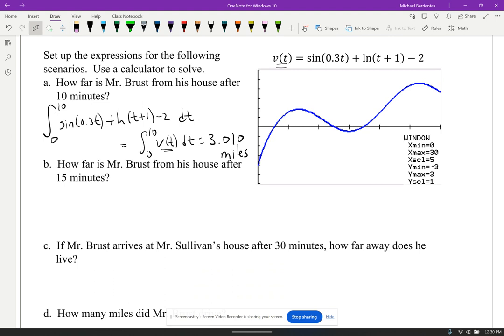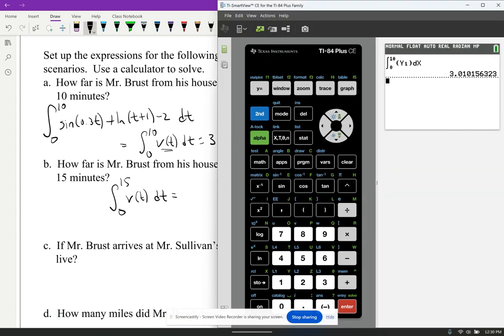Alrighty. How far is Mr. Brust away from his house after 15 minutes? We're going to set up the integral from 0 to 15 of v of t dt. It has a name, so I'm just going to use it. Similarly, on my calculator I have saved it. I could also do a copy paste.